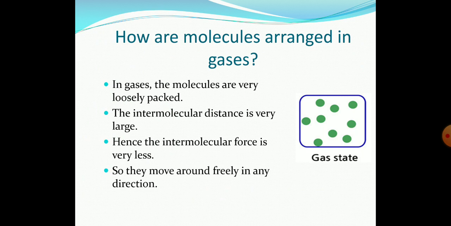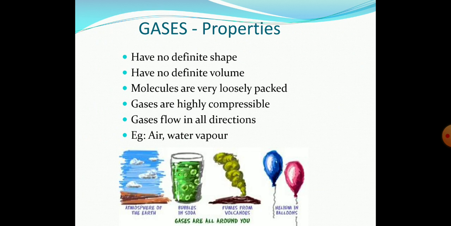So, what is the reason? The reason is the molecules are very loosely packed and the distance between them is very high. So, the intermolecular force is very less. And because of all this, the gases are highly compressible.